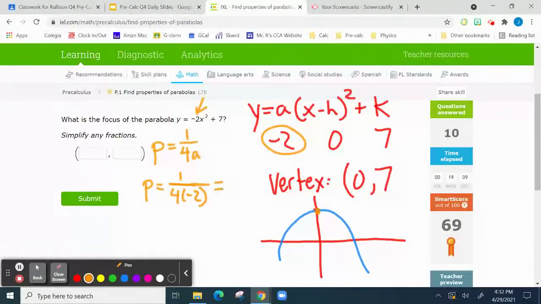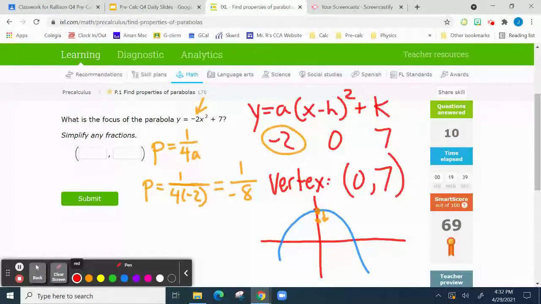So that P equals 1/8. And it's asking for the focus, so that's going to be right here, somewhere in there. So the focus is going to be lower, closer to the x-axis, down from the vertex because this opens down, right? So, I forgot to put the closing parentheses there.